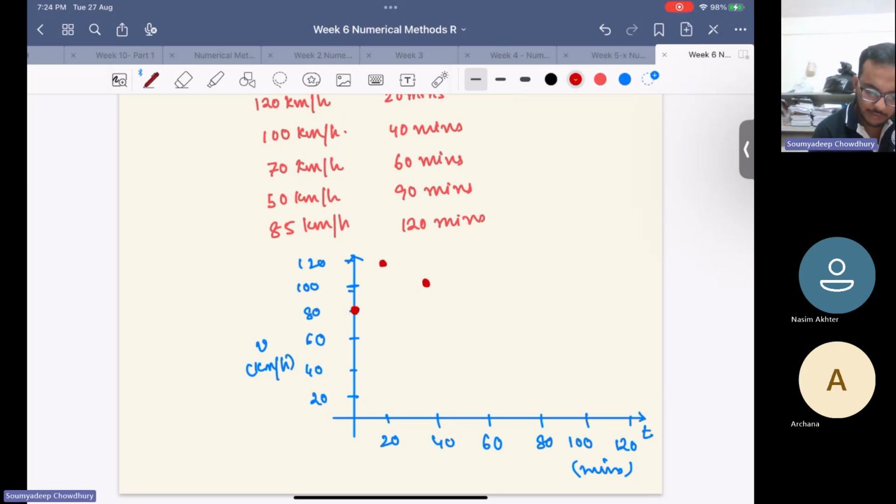At 60 minutes it is around 70 kilometers per hour, right? At 90 minutes it is 50 kilometers per hour. 120 minutes it is again 85 kilometers per hour.